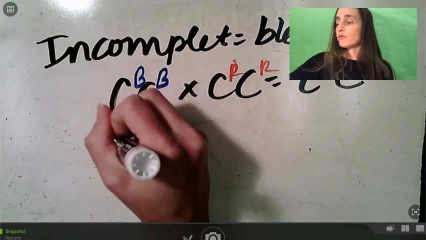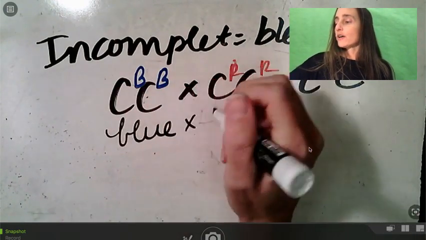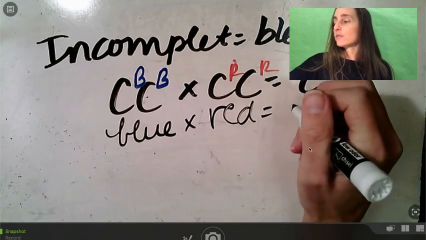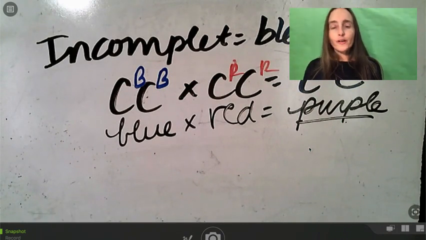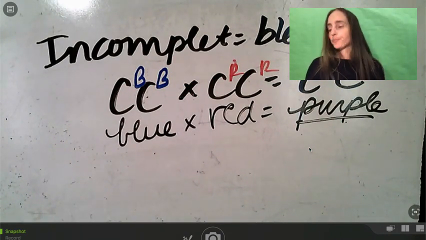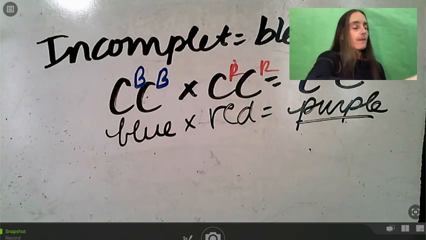So the phenotype, you do blue crossed with a red yields purple. Blend, like you're pouring two colors of paint into the paint bucket. Okay, so that's type 1.